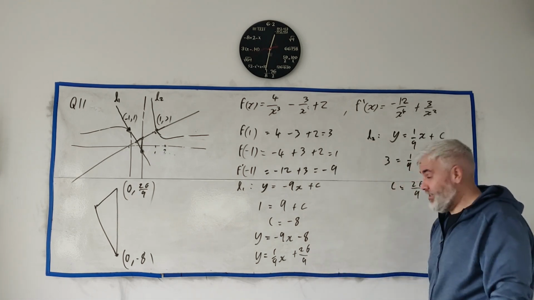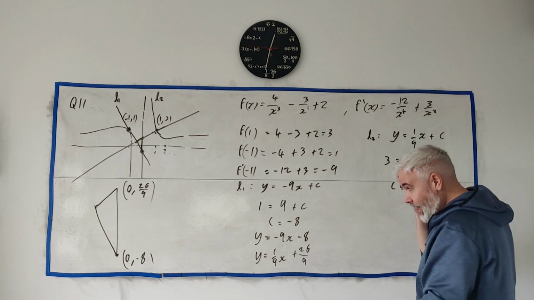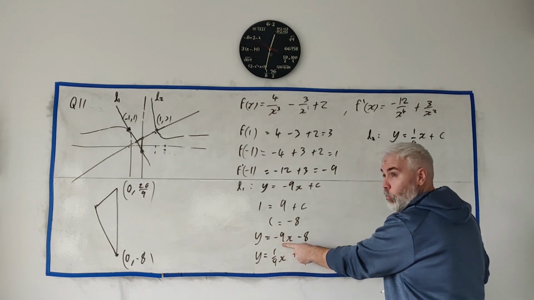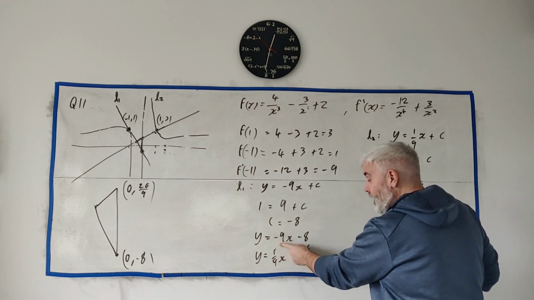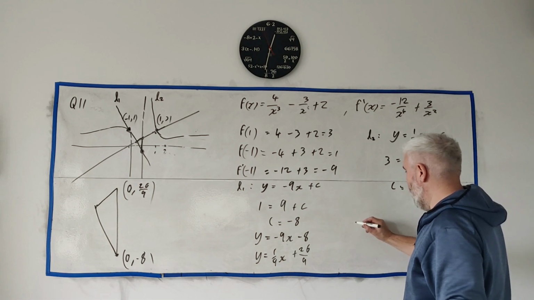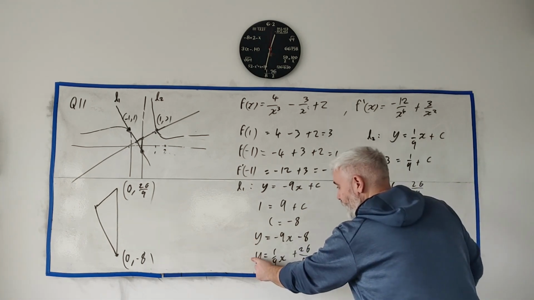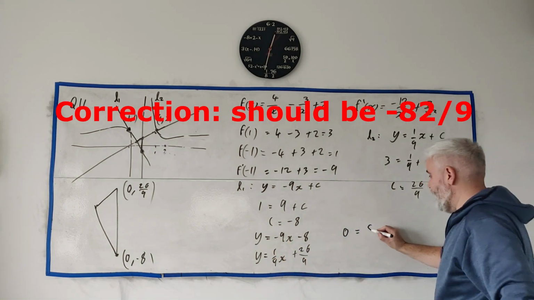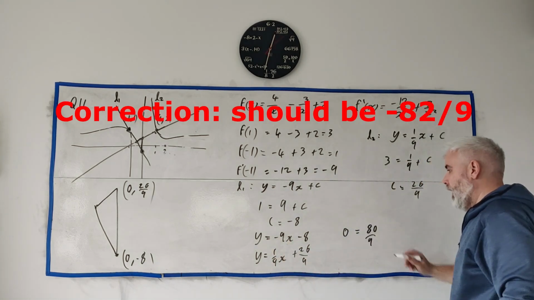Just equate these together. It's not a pleasant one to do. If we take these away, we'll end up with, what's this? This is 81/9 minus 81/9 minus another 1/9. So this will end up as 81 minus 1 is 80/9.